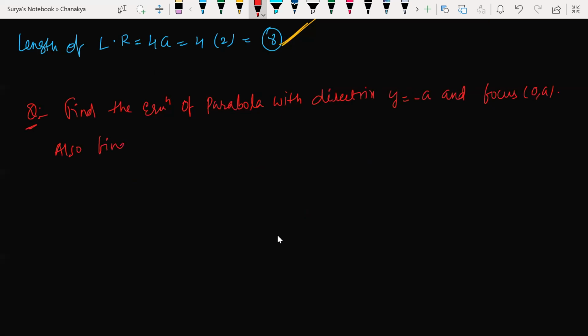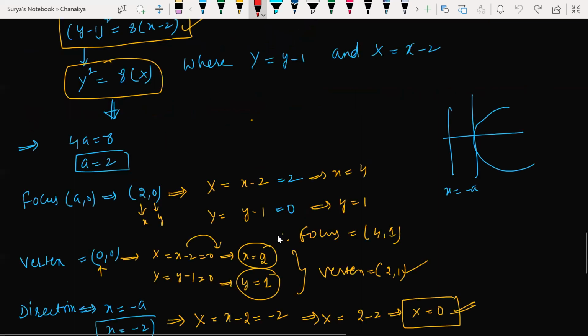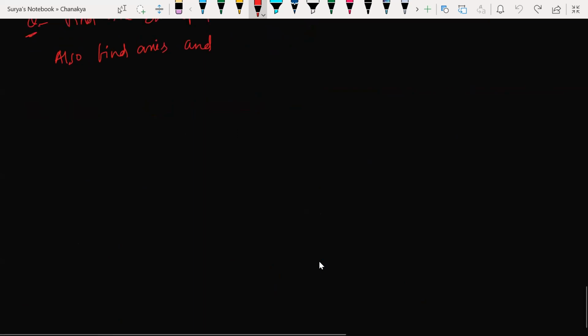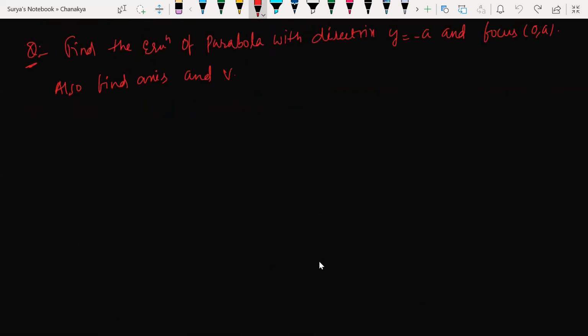Also find axis and vertex. Okay. So how can I just do this? Find the equation of the parabola with the directrix this, focus this, and find the axis and vertex.